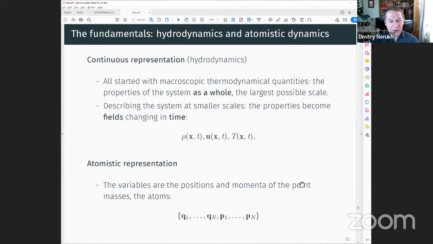And there is a fundamental problem with that, because these are two fundamentally different representations of one and the same matter. As I said, hydrodynamic water is continuous fields, the fields of density, velocity, and temperature, while the atomistic representation is obviously the collection of coordinates and momenta of all the atoms in the system.